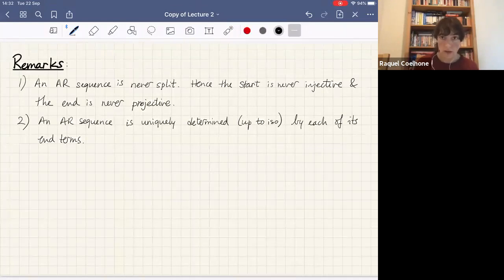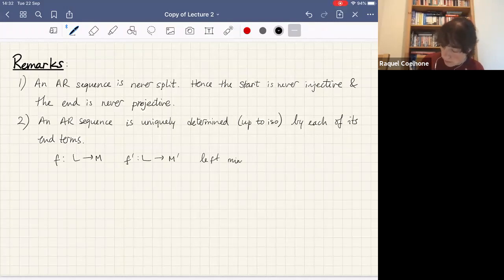So let's see this quickly. So let's suppose f and f prime, which start at the same object. So we're going to see that if we have an Auslander-Reiten sequence starting at the same object, it is uniquely determined. So suppose we have two maps like this, and they are left minimal almost split.